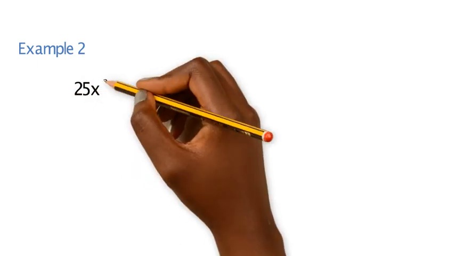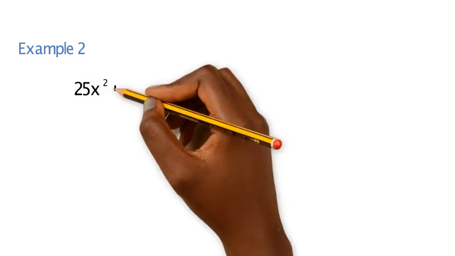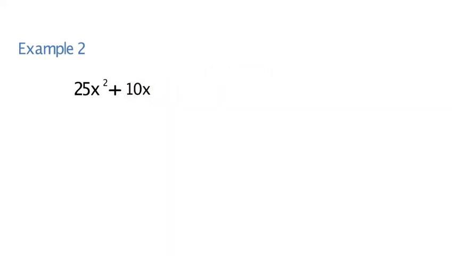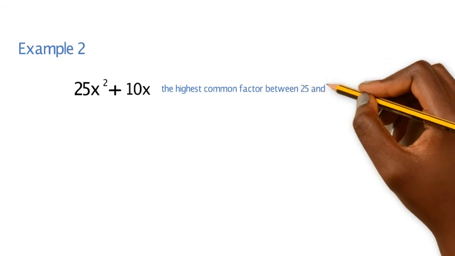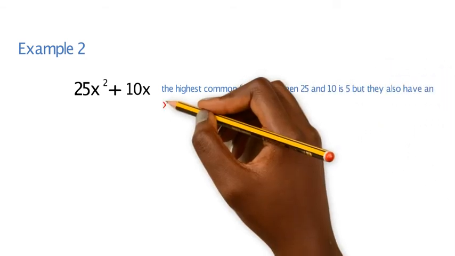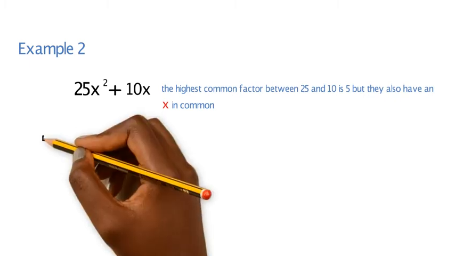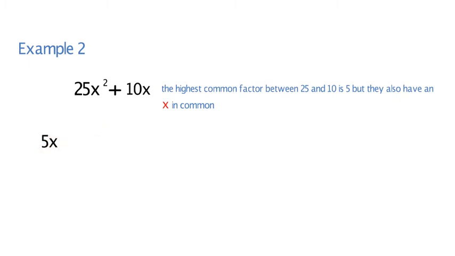So example 2. If you have 25x squared plus 10x, the highest common factor between 25 and 10 is 5. But again, they also have an x in common. So you'd have 5x outside the brackets.